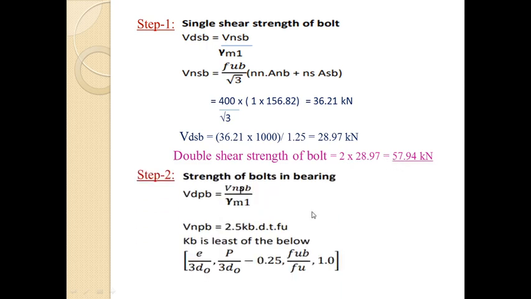So step number 2, strength of bolt in bearing, that is VDPB. Again we use the formula VNPB upon gamma m1. To calculate VNPB, first calculate the value of Kb, that is the minimum of these four. Here we can assume directly e is equal to 40 mm, that is 1.5d0 for calculating the edge distance, and the pitch is directly given, that is 80 mm.